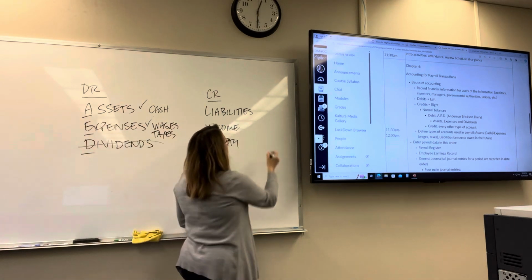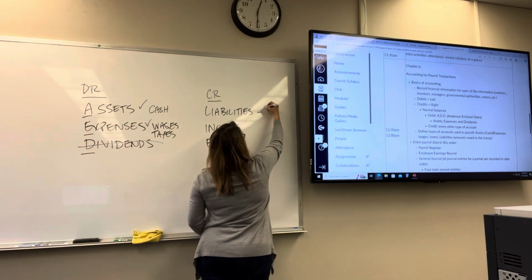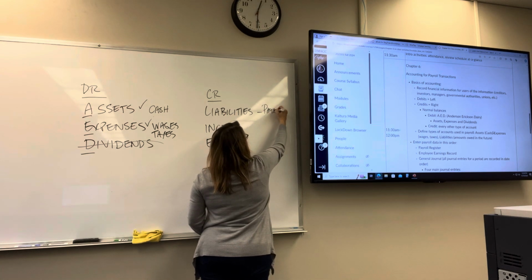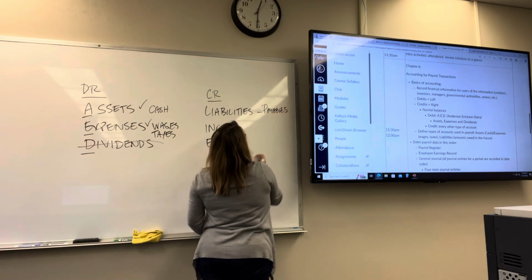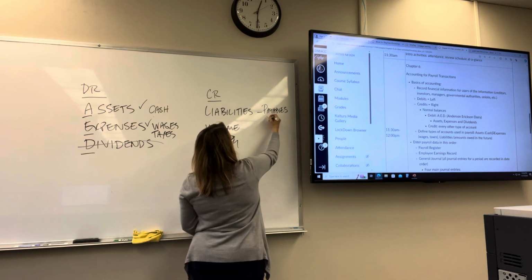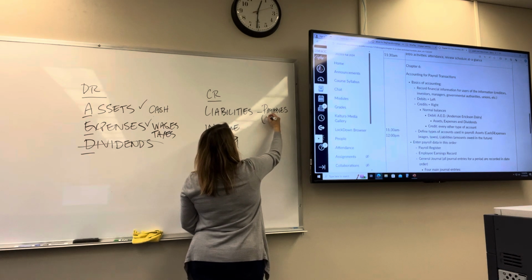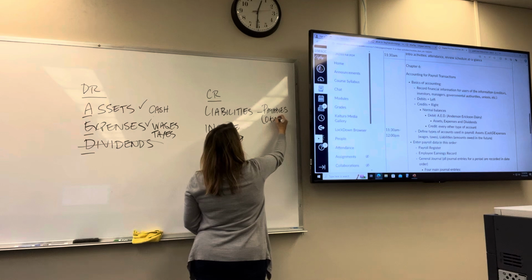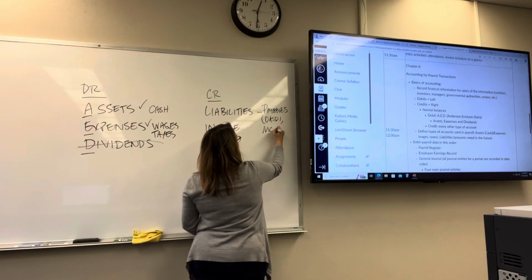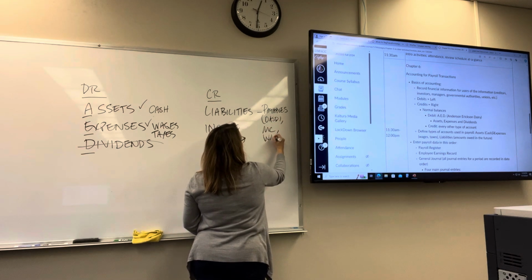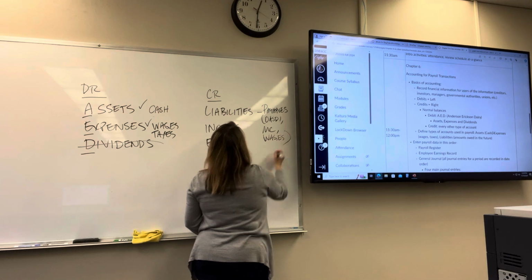We are going to talk about liabilities. These are going to be payables. So things like OASDI payable, Medicare payable, wages payable, something we've got to pay at some point in the future.